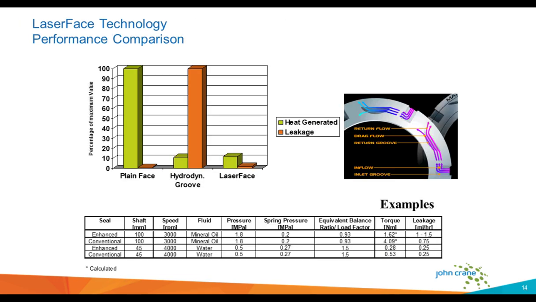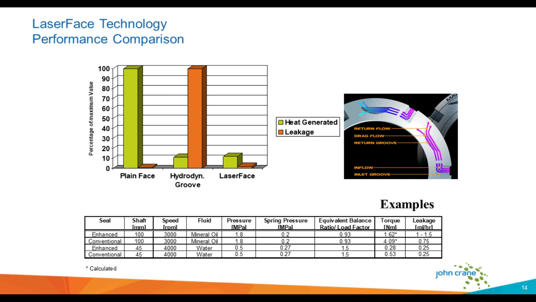Now, let's compare the three different shapes of mechanical seal technology: plain face, hydropadded face, and laser face. We take the two critical factors, high heat generation and leakage, as a percentage of maximum value.